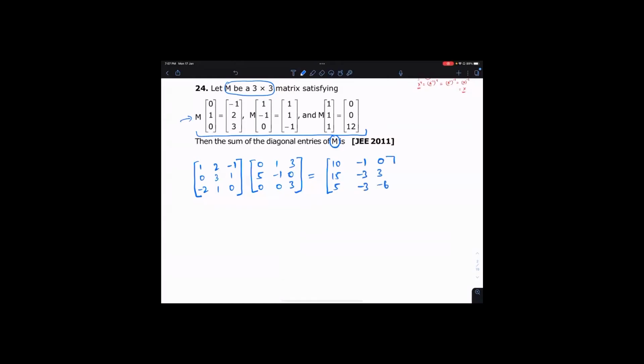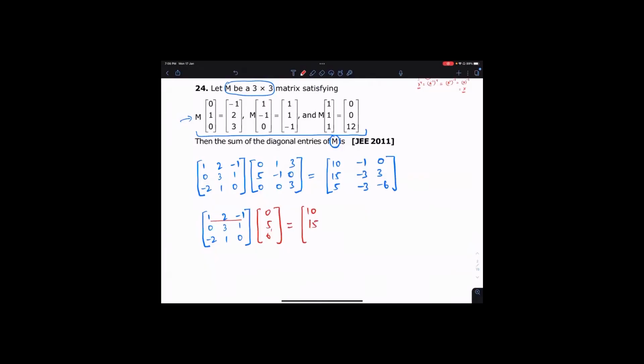Now see what happens if you multiply the same matrix with the 0, 5, 0, which is the first column of this matrix. This row and this column, if you multiply 0, 10, 10, you will get. Next 0, 15, 15, you will get.